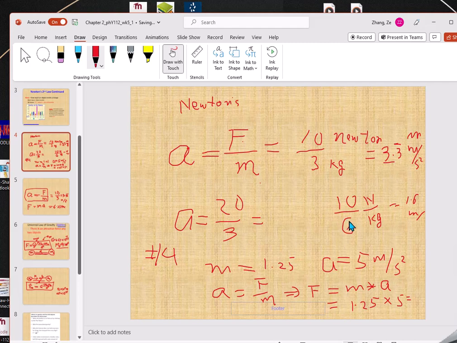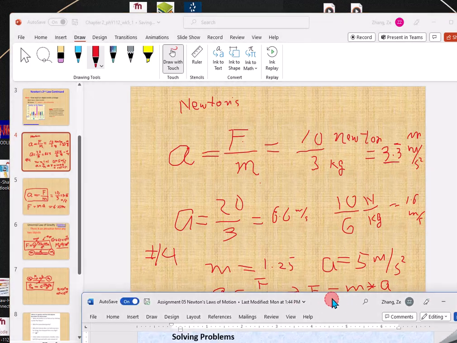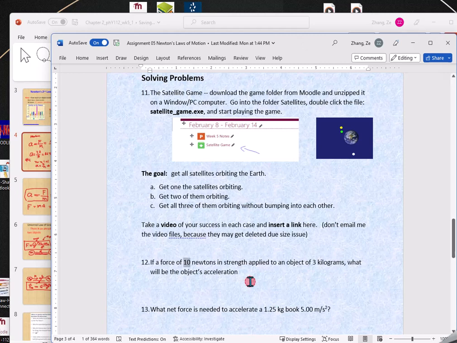So with more force, you get 6.6 compared to the original question, so if you double the force, you double the acceleration. But if you double the mass, then you get half the acceleration. So divide by 6. This question is very straightforward: if a 10 Newton force is applied to an object of 3 kilograms, what will be the acceleration? That's a straightforward calculation.